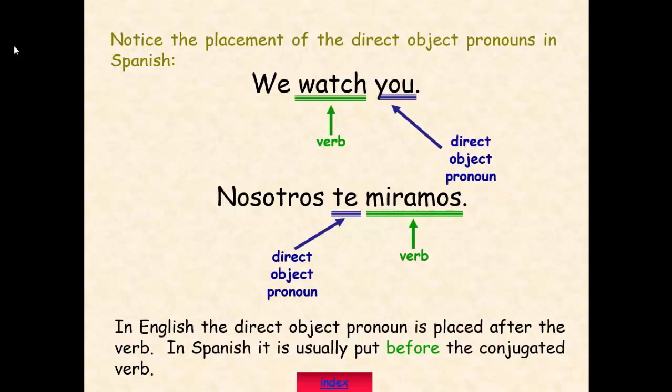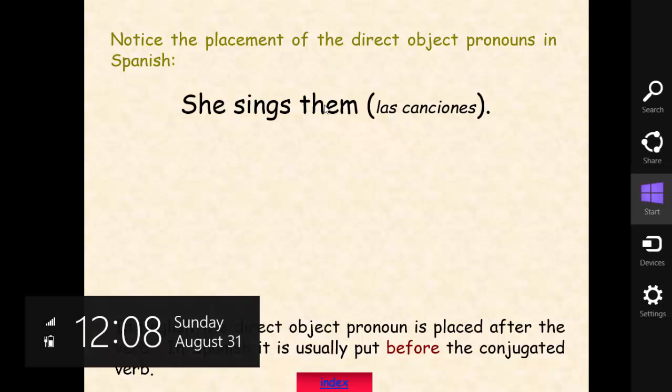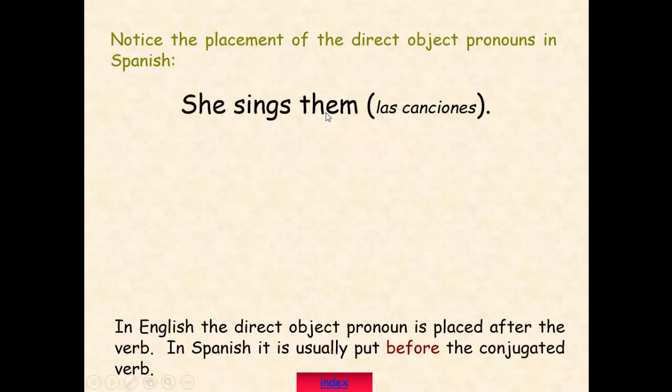about the basic idea. She sings them, being las canciones. In Spanish, when we're looking at the original sentence, we won't have this pronoun here, them. It'll be specific on what she is singing, in this case, las canciones. So the sentence, there's our verb, sings.